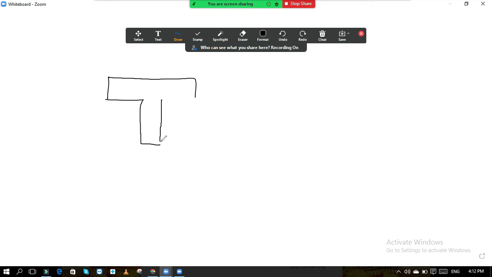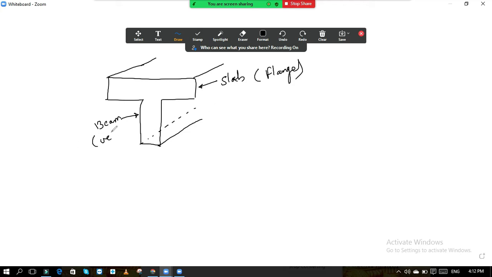This is the cross section of the beam. If you see, the length will be like this, here the length will be there, behind this the length goes like this. So this is not a flange, this is actually the slab. It will act monolithically with the beam, and this is your rectangular beam, and this slab acts as a flange, and this beam acts as a beam.